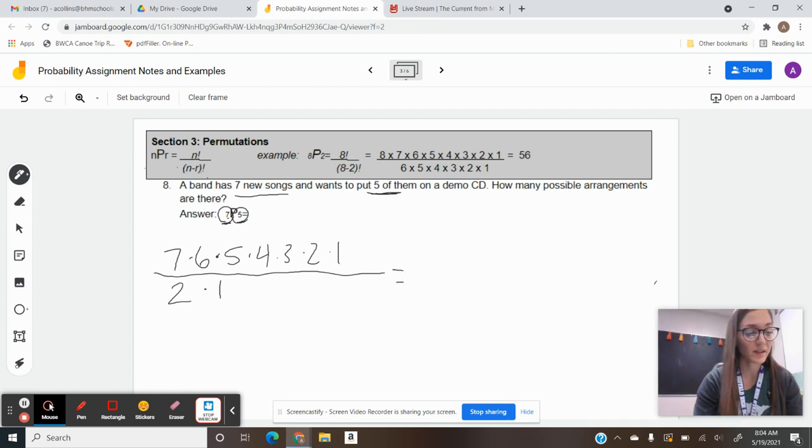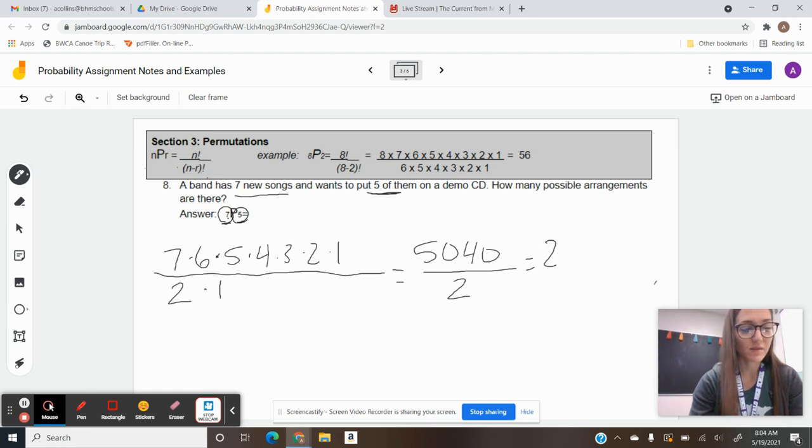All right, now we're going to type this into our calculator. 7 times 6 times 5 times 4 times 3 times 2 times 1. And we're going to get a big number at the top, and that's okay, 5,040. Bottom of our fraction, we have 2 times 1. Don't need a calculator to do that one. I know it's 2. All right, and then we're going to simplify this fraction.